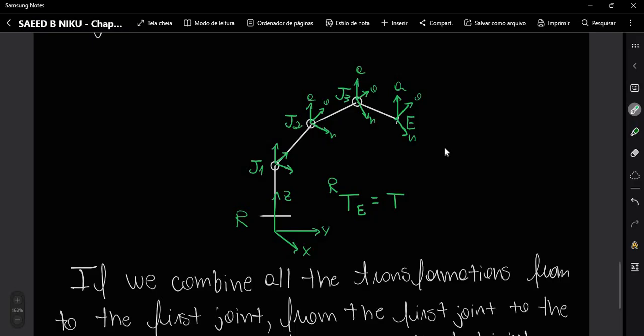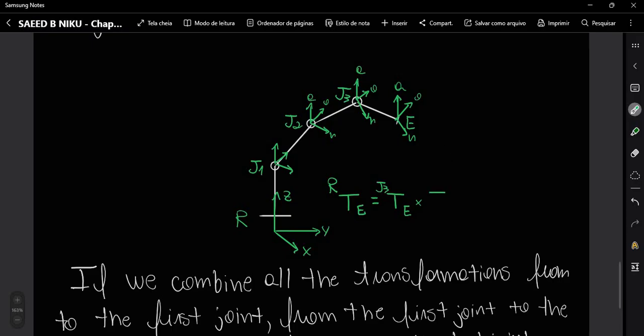So we can write right here that we can do a transformation of the E frame in relation to the frame J3, and the total transformation is a product of all transformation on the system.